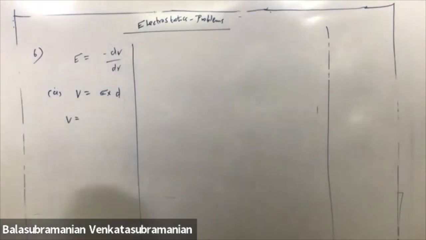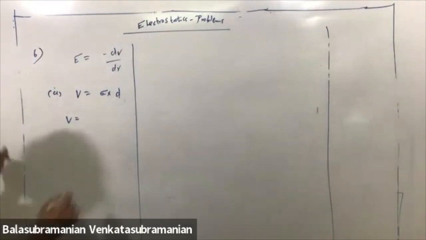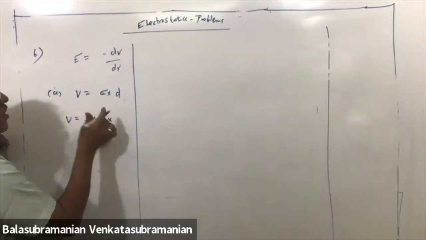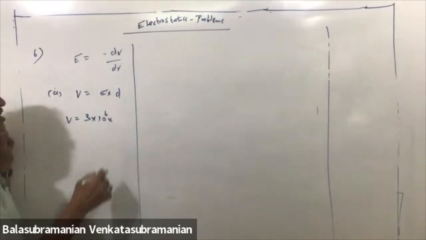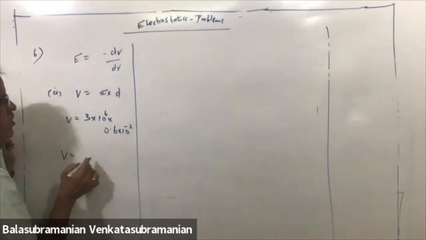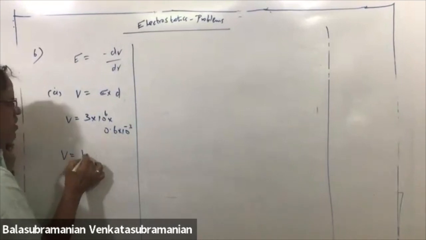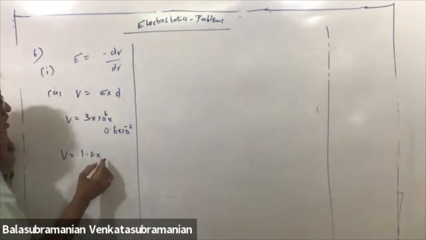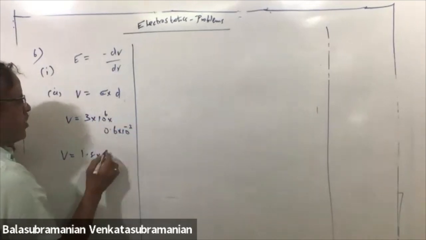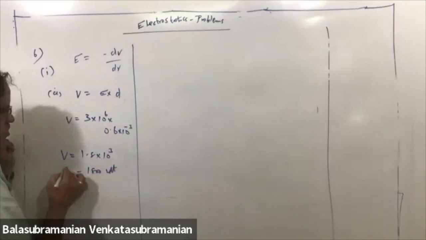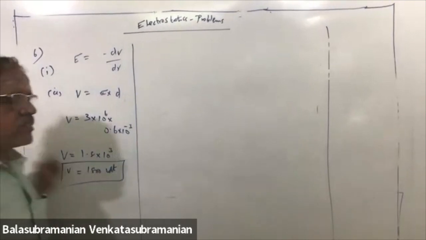Electric field is 3 into 10 power 6. Distance is 0.6 millimeter. So 3 into 0.6 is 1.8. 10 power 6, 10 power minus 3 is 10 power plus 3. 1800 volt.